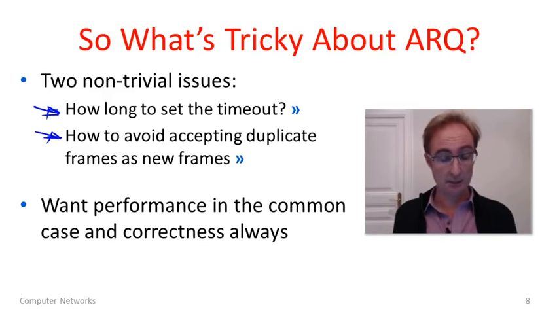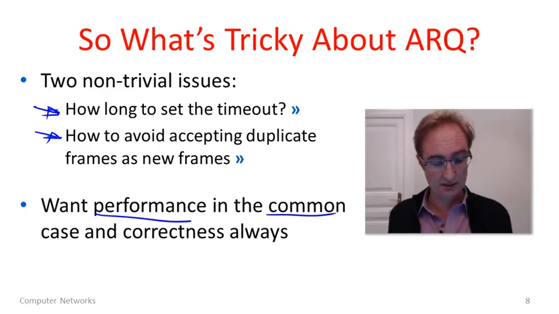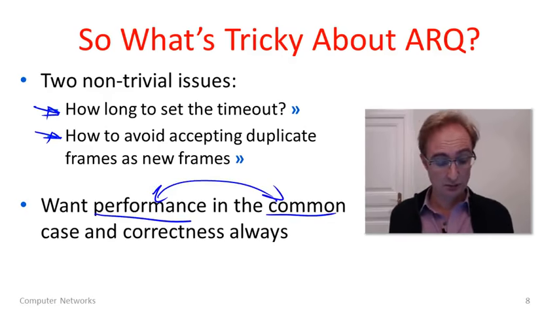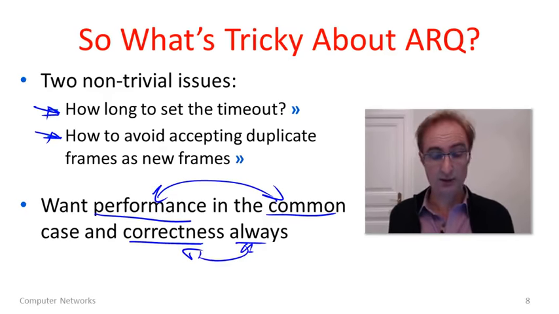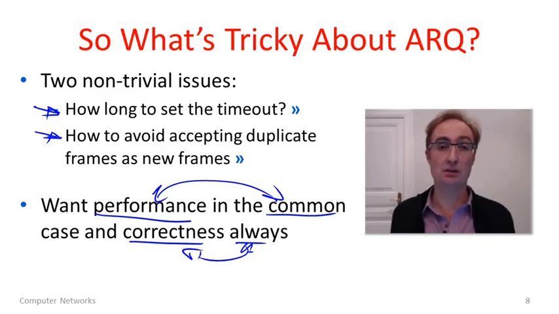We don't want that to happen. In fact, what we want for ARQ, which we also usually want for many protocols, is performance in the common case, but we want correctness always. No matter whether our performance is good or bad, we want this protocol to be correct.